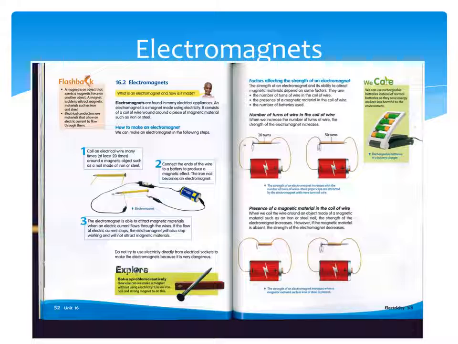Here we have the same number of coil turns, and we can see that where the iron nail is present, it can create a much more powerful magnetic field around it and can hold stronger, whereas the picture on the left where there is no nail has a much weaker field around it.